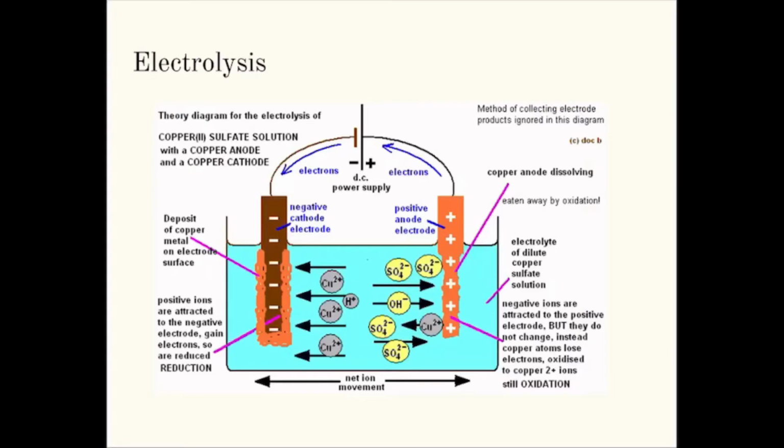Like aluminum is extracted by electrolysis because it's reactive, and less reactive metals like iron can be extracted by reduction with carbon or carbon monoxide.